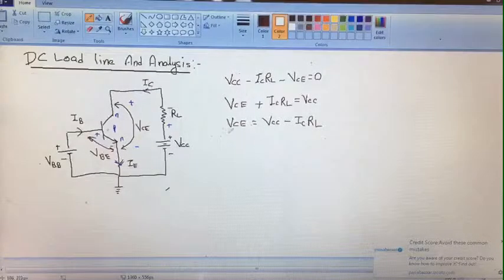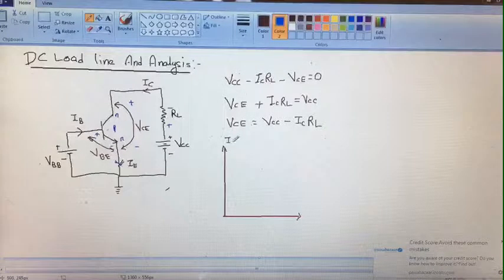So let's draw the graph for the output characteristic of this transistor. This is our vertical axis and this is the horizontal axis. Here we select VCE on the horizontal axis and this is representing IC, which is in milliampere.